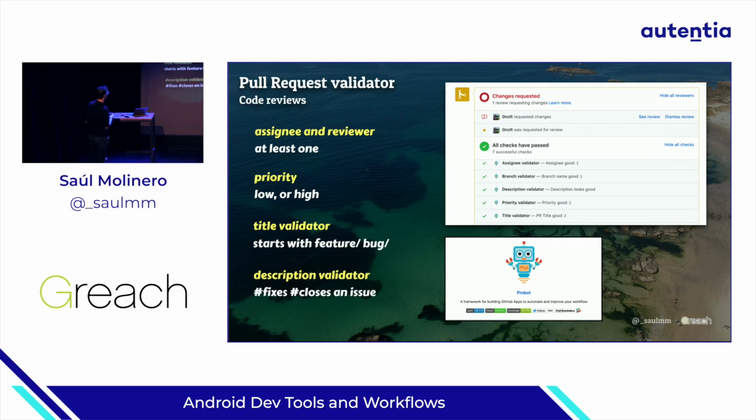And then we also validate that the description must include a fixes or closes keyword followed by a hashtag, in order to always fix or close one issue that we had. And if not, the pull request won't pass. In that way, we can maintain some consistency and we don't have to be saying the same things every time.